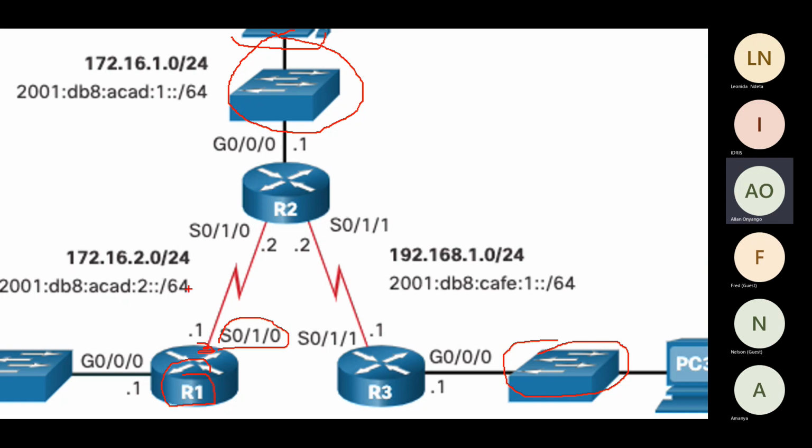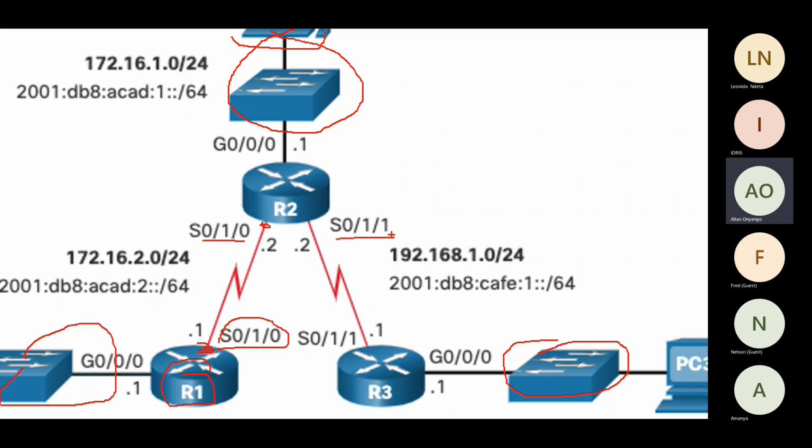And of course, it's not just for R1. For R2, the interface that messages will leave from R2 to the R1 LAN will use this exit interface here, which is serial 0/1/0 of R2. Of course, R2 going to the R3 LAN will have to use serial 0/1/1.